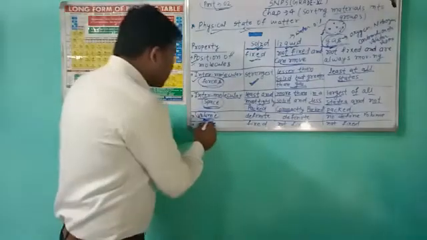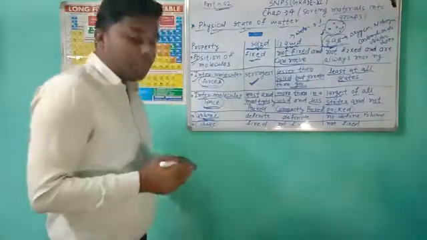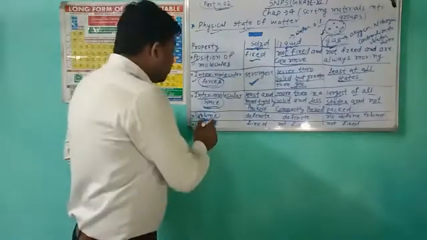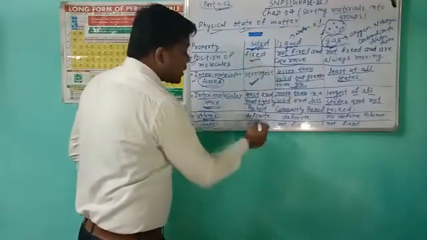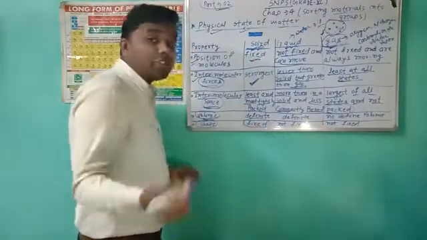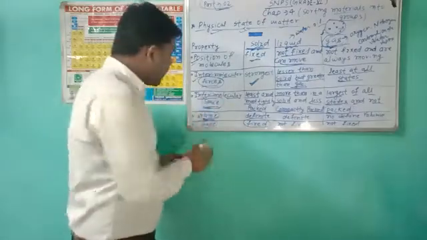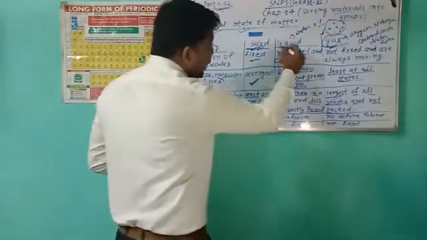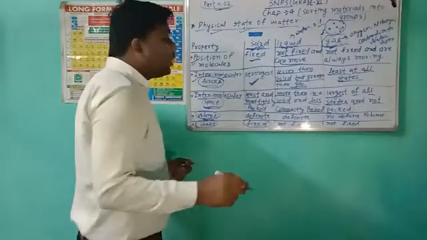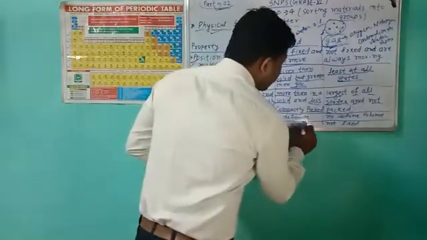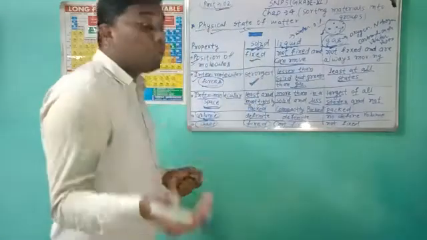And next is the shape. This is very simple. The solid has a fixed shape, it cannot be changed until we raise the temperature. And what about the liquid? The shape of liquid is not fixed, because it flows.